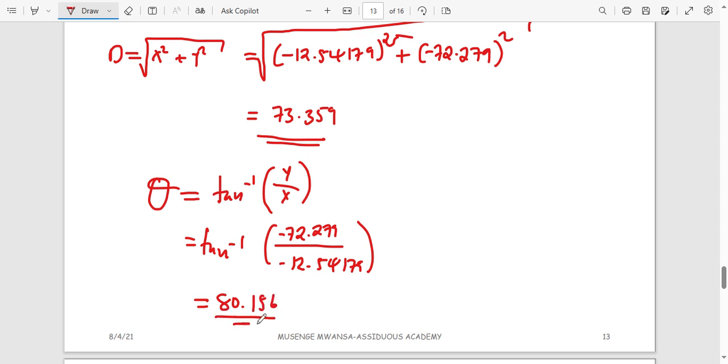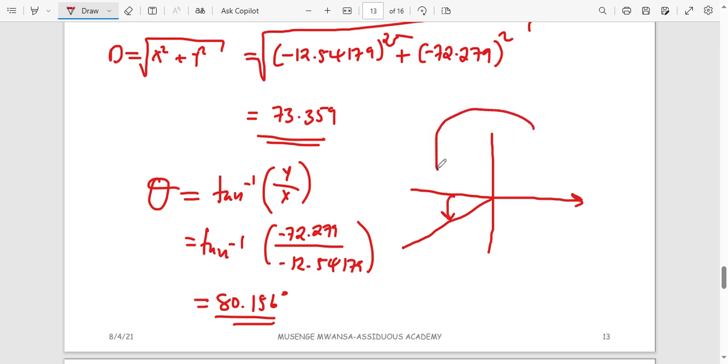This has given me 80.156. Remember again what I told us. Try to see in which quadrant our vector D is going to lie, because x is negative and y is negative, it is going to be in this quadrant. So the angle that we have found is actually here. The reason it is positive is because we are going like this. All angles that go in the anti-clockwise direction are positive. So this is the 80. But the angle that we're interested in is this one.